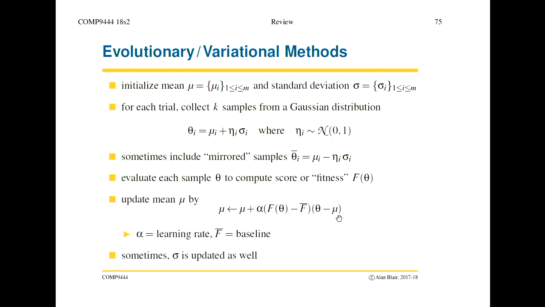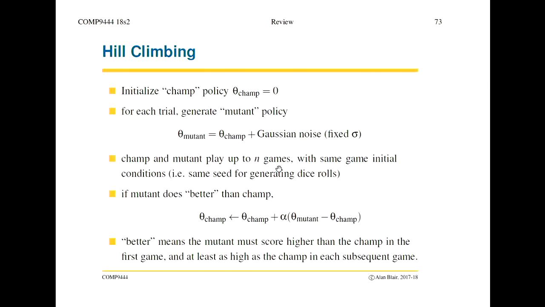In the early algorithm we just said there's some threshold, and if we're above the threshold we'll move 5% towards the mutant. If we're below the threshold we won't move at all.